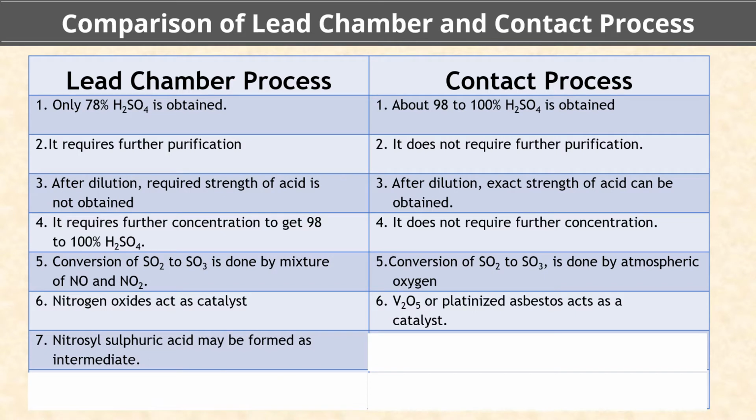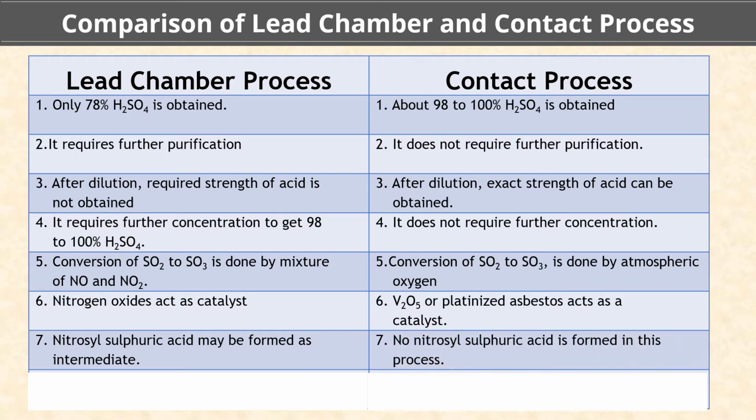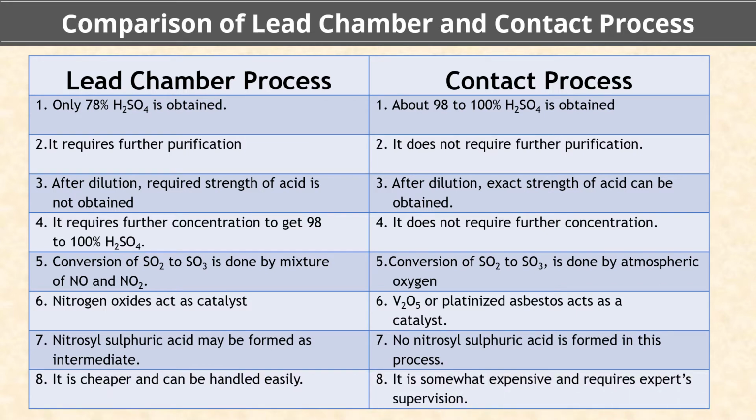Nitrosyl sulfuric acid may be formed as an intermediate in lead chamber process. No nitrosyl sulfuric acid is formed in contact process. Lead chamber process is cheaper and can be handled easily. Contact process is somewhat expensive and requires experts' supervision.